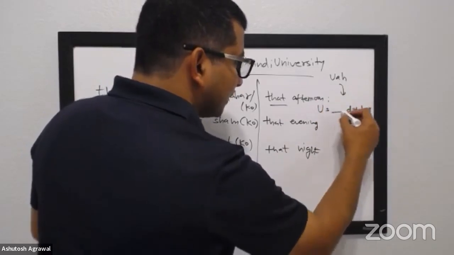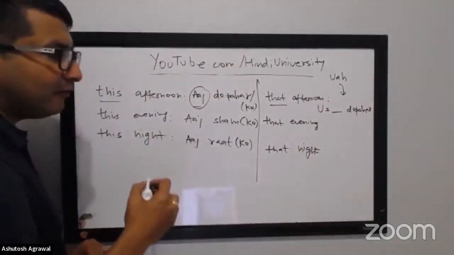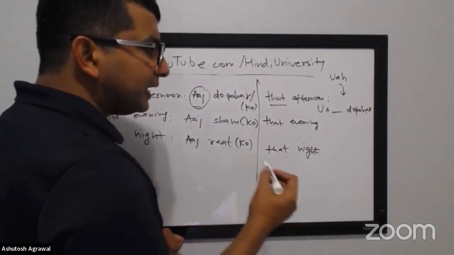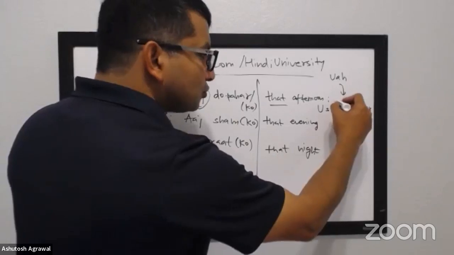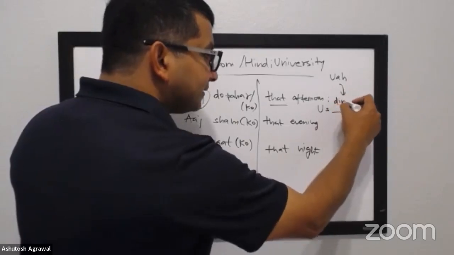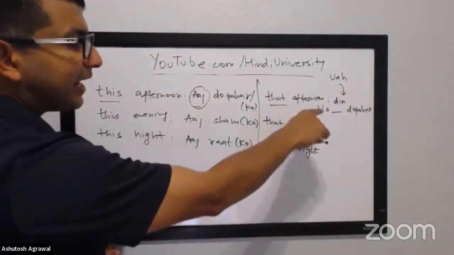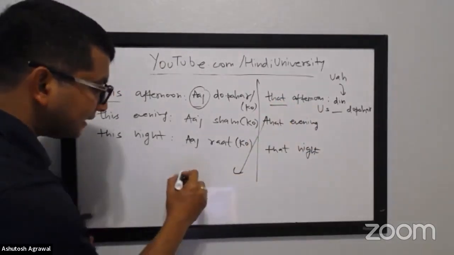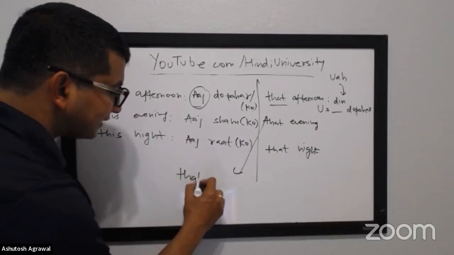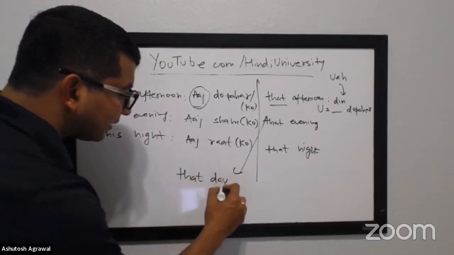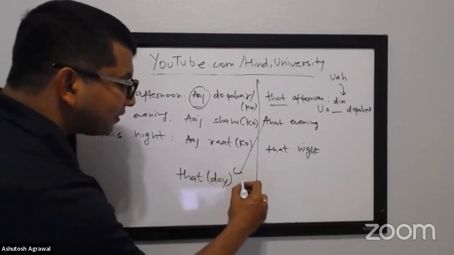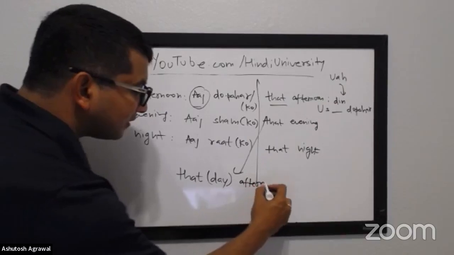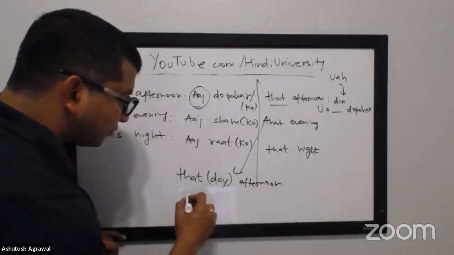उस दोपहर. But when it is used in the context of a day, you may use उस दिन दोपहर. That, which is basically in English, you will say that afternoon. But when you're translating it in Hindi, you are really saying it is like that day afternoon. And that day is उस दिन.